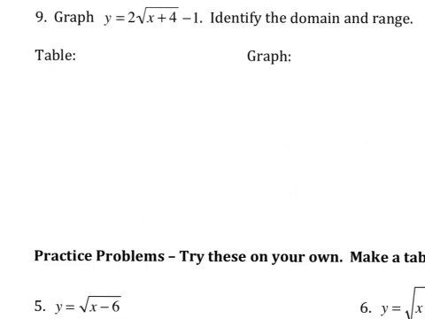So now we have a graph that kind of combines all the stuff that we learned into one function. We have a 2 on the outside, we have a plus 4 on the inside, and we have a negative 1 on the outside. So let's make a table, and we'll be very careful about what we plug in and make the graph for this function.